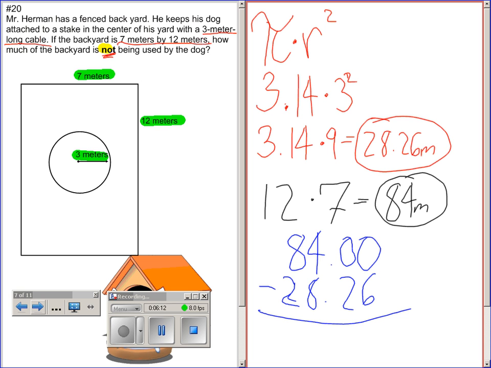So, in order to do this with the decimals, you must borrow from the 4 and the 8. The 8 will become 7. The 4 will become 13. The 10 will become a 9 because we need to borrow for the last number.